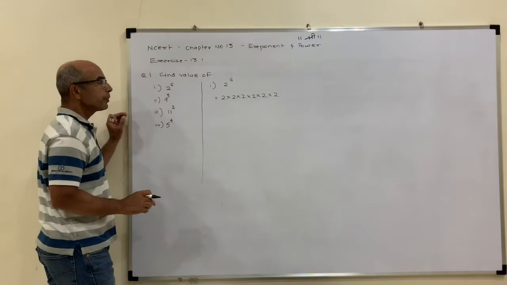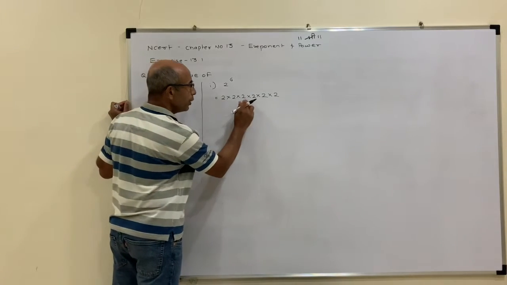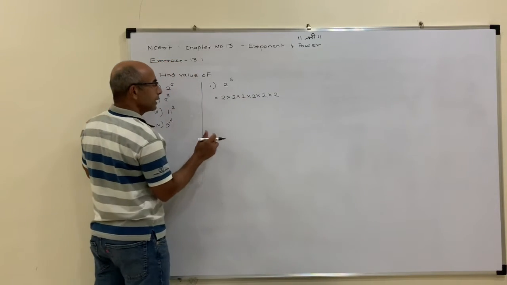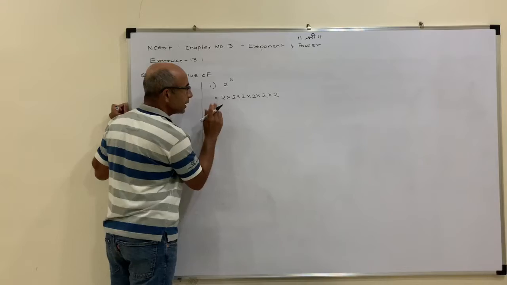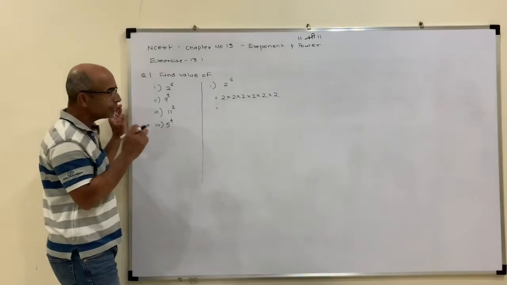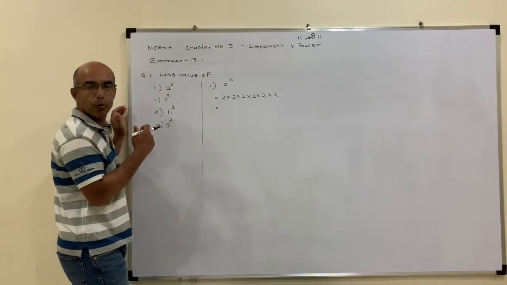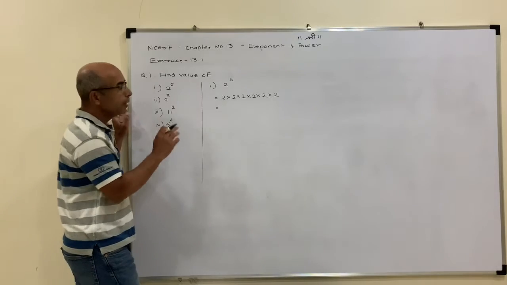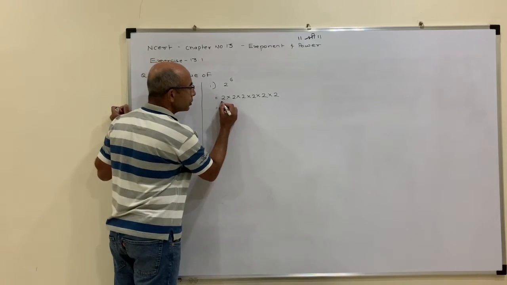So here 2 into 2 into 2, 6 times. Now to solve this kind of problem, don't rush to multiply more than 2 numbers at one point of time. So take your own time and solve.